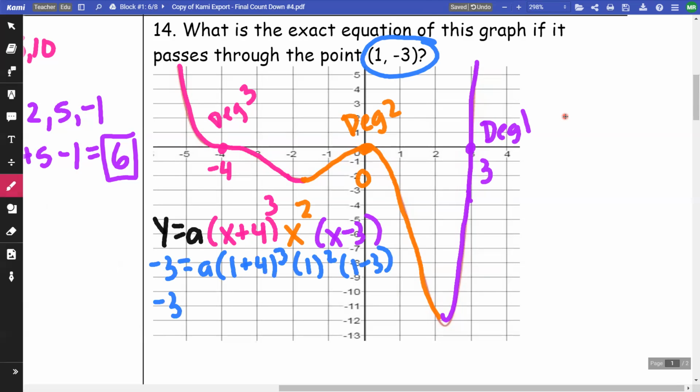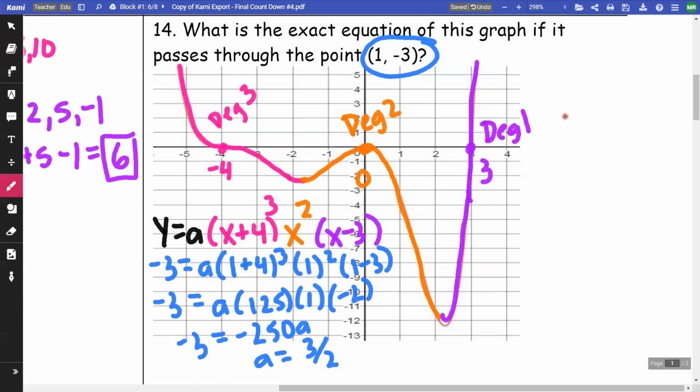So I'm going to get -3 is equal to a times 5 cubed, which is 125, times 1 times 1 minus 3, which is a -2. So now I'm going to have -3 is equal to, and when I multiply that together, I'm going to get -250a. So my a is going to be 3/250.